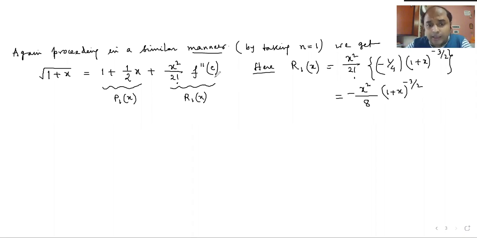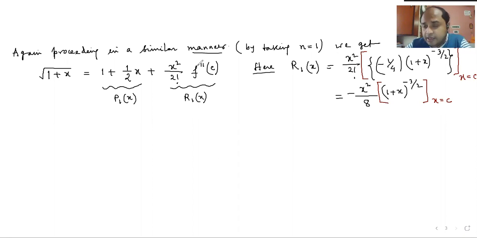And one thing: if you write it, r1x is actually this thing. So we are going to put the value over here at x equal to c, because you don't put x equal to c in this particular part, x square by 2 factorial, it's separate.